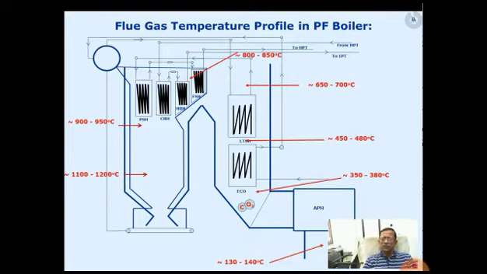As a result, what is going to happen? Both the carbon particle and the oxygen particle will go out of the furnace as it is. That means we will have a higher oxygen level in the APH inlet where we measure the oxygen. We will also have the unburnt carbon particle collected in the ESP hoppers, right?